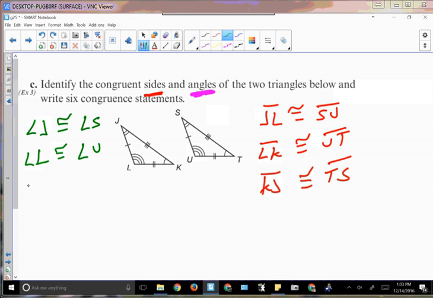And the last one would be, so he switched the order there. Is that legal? Sure. I mean, you were just identifying that this is congruent to that. That does identify all the bits and pieces.